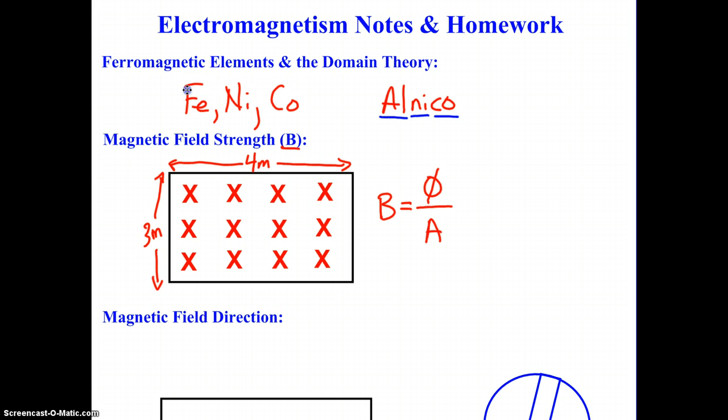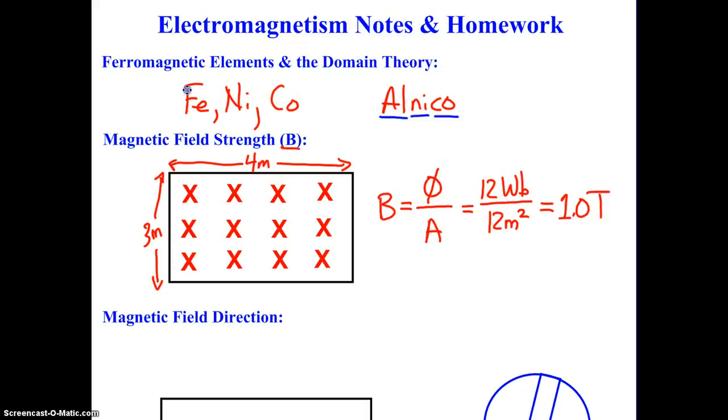Well, in our particular example here, we have 12 Webers, and there's your unit of flux, Webers, divided by, what do we have? 4 times 3 is 12 meters squared of area, and 12 divided by 12 is, of course, 1, and a Weber per meter squared is a Tesla. So this is how you calculate the strength of the magnetic field.